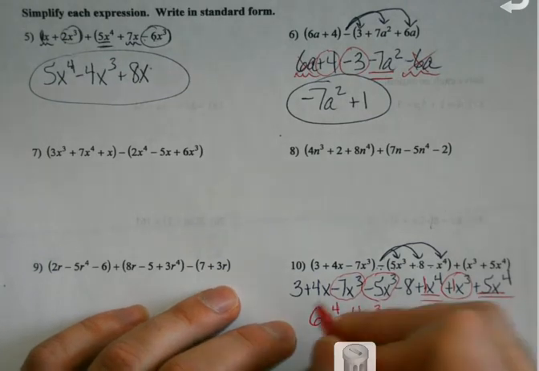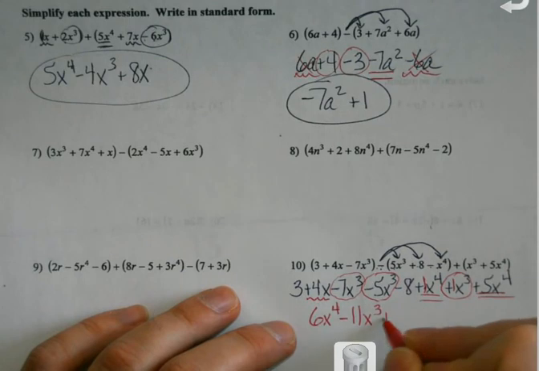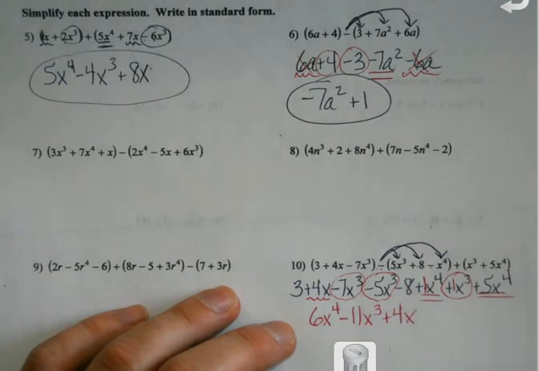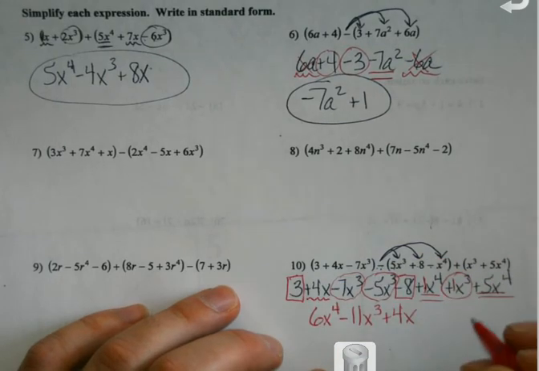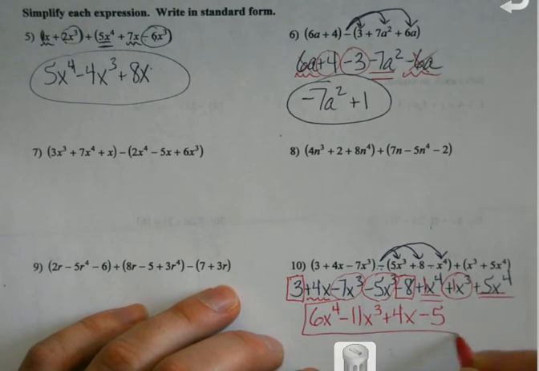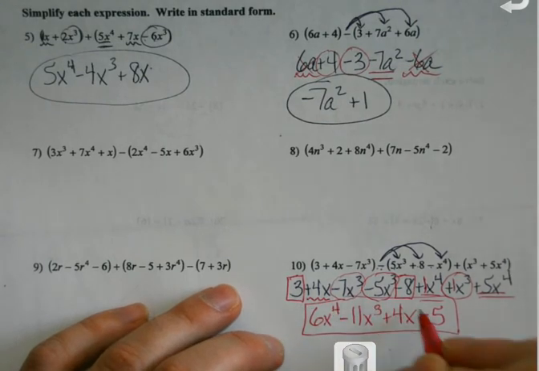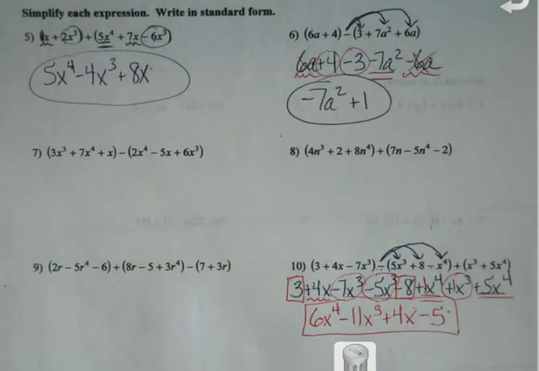I only see one term that has just x, so I'll write that down. And finally, I've got 3 minus 8 is negative 5, and I go in degree order all the way down.